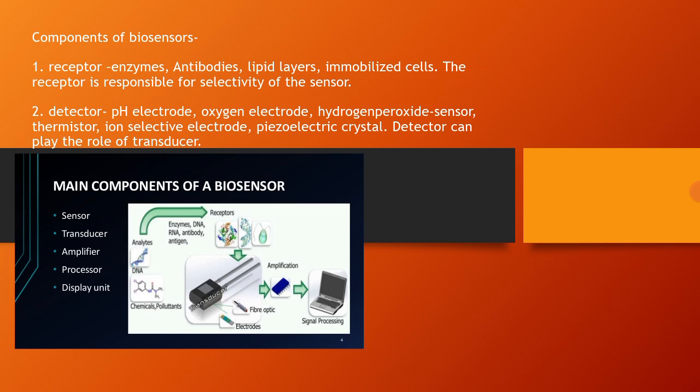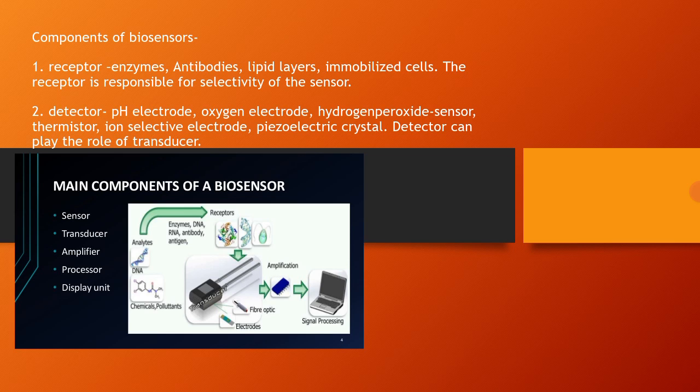These types of biomolecules can be used, which will act as the receptor in the biosensor. Now the receptor is responsible for the selectivity of the sensor. Now the detector detects the signal.